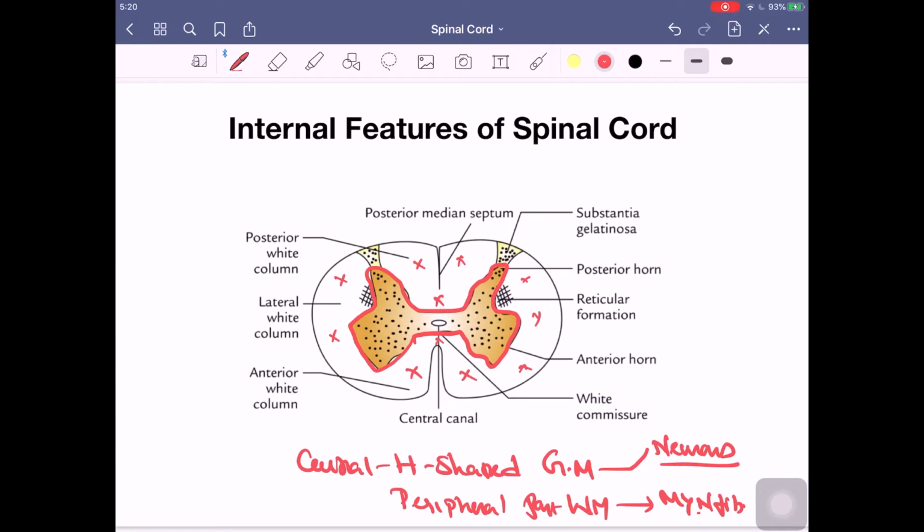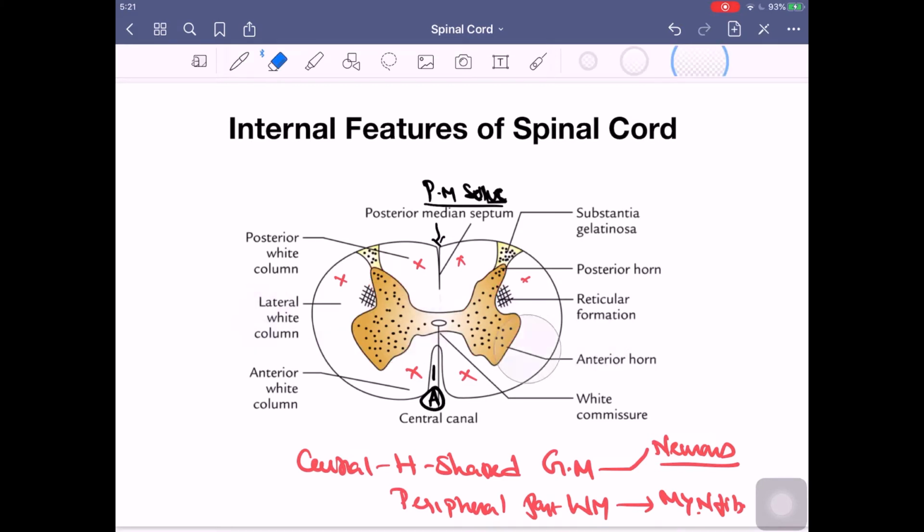Now here you can also see, how do we know which is anterior and which is posterior? Anterior is always decided by a deep groove, which we call the anteromedian fissure, whereas posteriorly you have the posteromedian sulcus, with the subarachnoid septum or posteromedian septum.